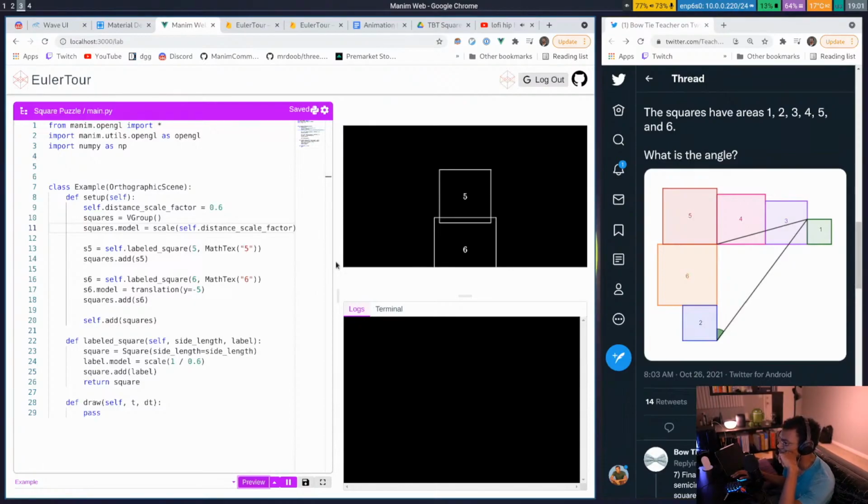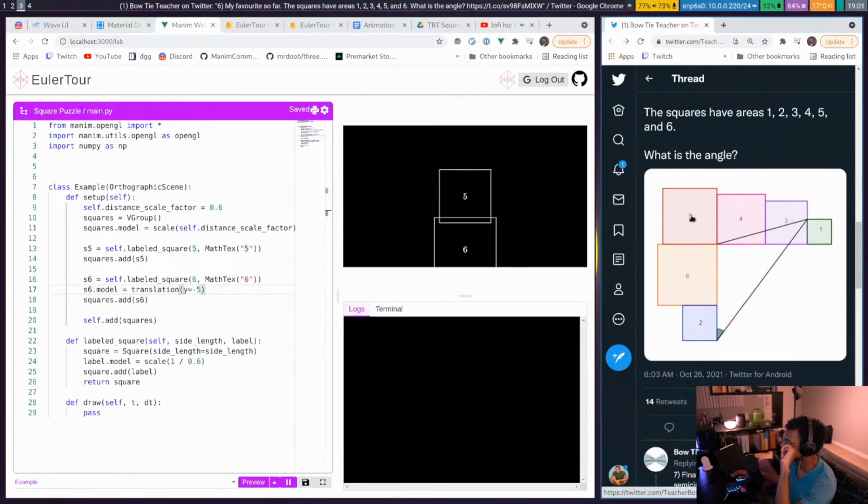Wait, I think this makes sense actually. This should be, would it be 6? This is at the center. I essentially want to move the top edge of the 6 square to the bottom of the 5 square.